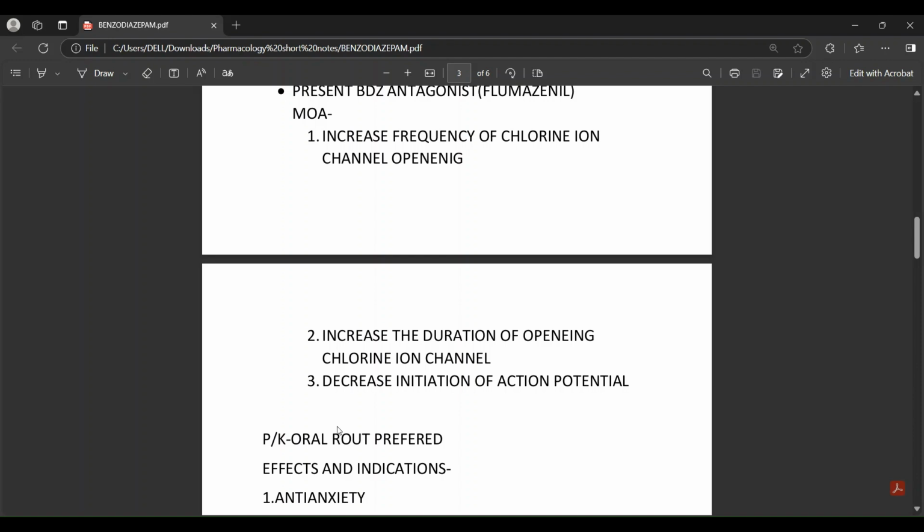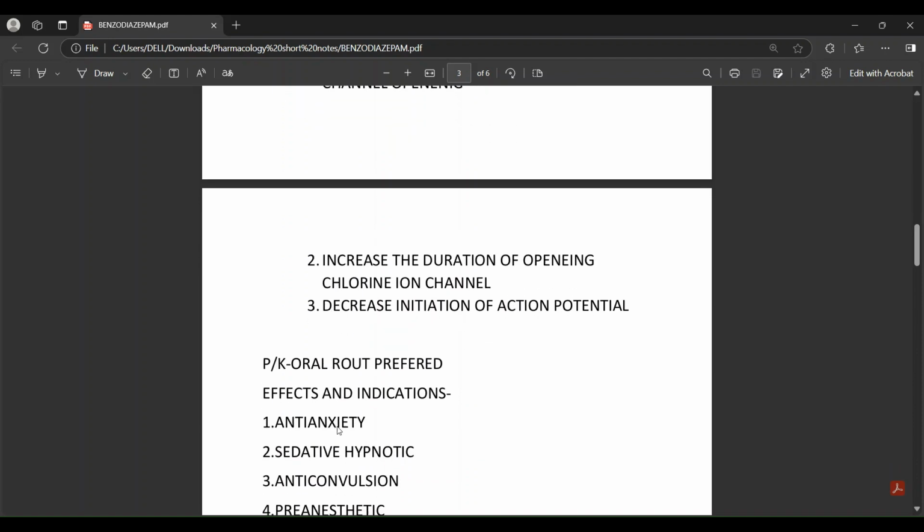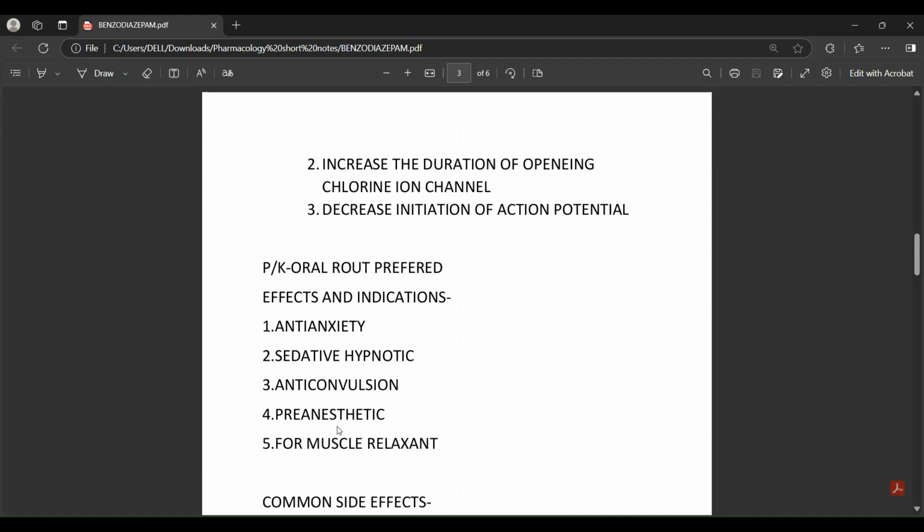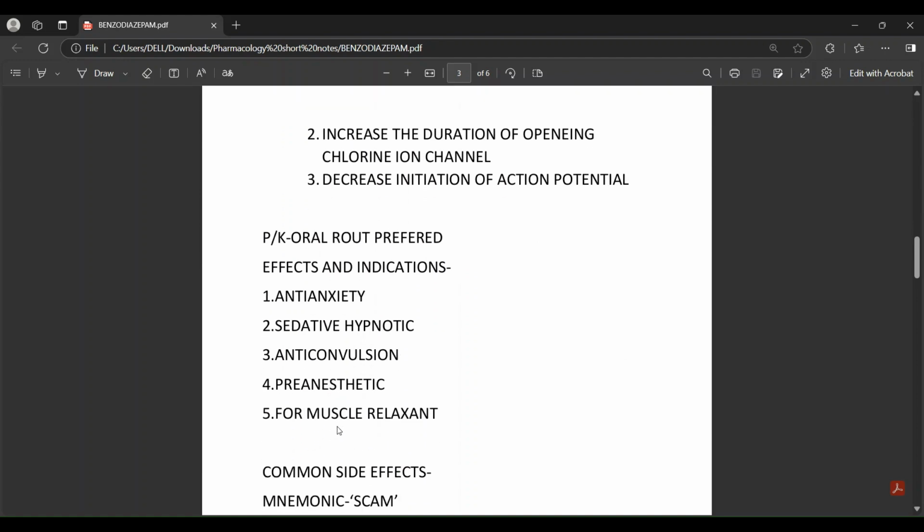So if someone asks what is the mechanism of benzodiazepine, it will enhance the action of GABA. Consequently, it will increase the frequency of chlorine ion channel opening, increase the duration of opening, and decrease initiation of action potential.